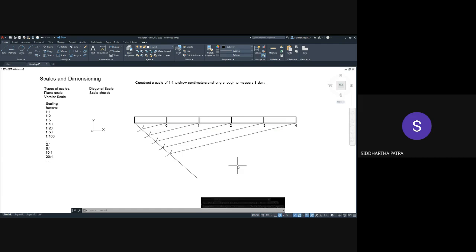So now let's say I want to divide this line right here. I should go back to the original layer. So this line segment right here into 10 parts.